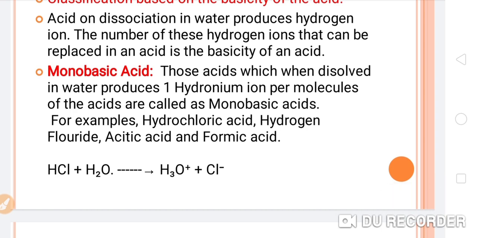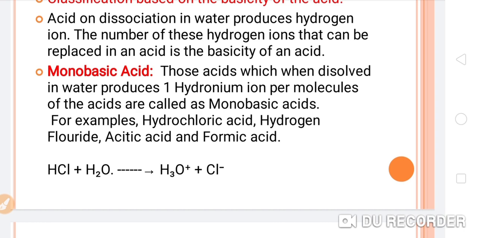Those acids which when dissolved in water produce only one hydronium ion per molecule of the acid are called monobasic acids. For example, hydrochloric acid, hydrogen fluoride, acetic acid and formic acid.